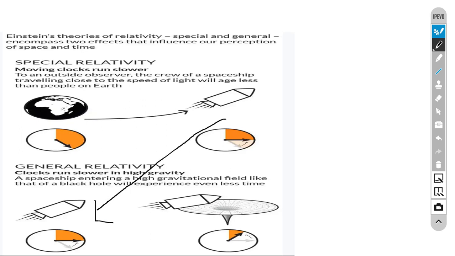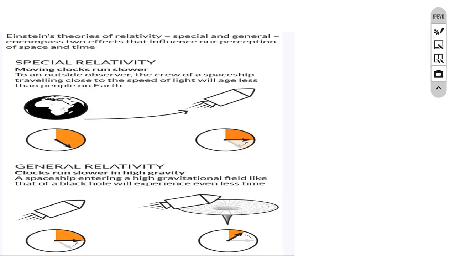While it was traveling, it entered a high gravity hole in this other figure here. Observe the time here, it is even slower than what it was previously, even when compared to the time of the observers from the Earth. Time dilation.